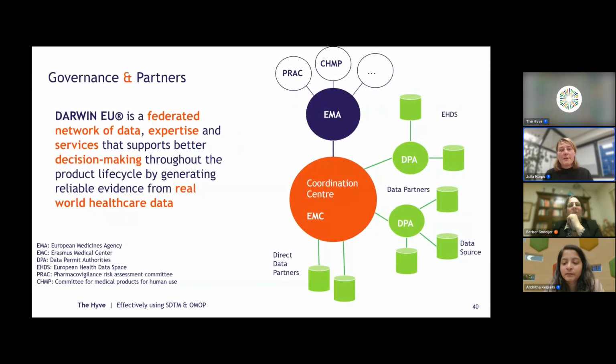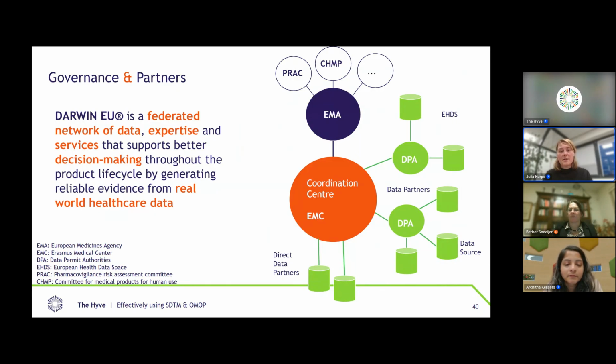So first of all, the Darwin EU initiative is set up in a way that the EMA and all the different committees there can ask questions to the coordination center, which is Erasmus MC in Rotterdam. They have a couple of subcontractors that help them to run the studies over the data partners that we saw.